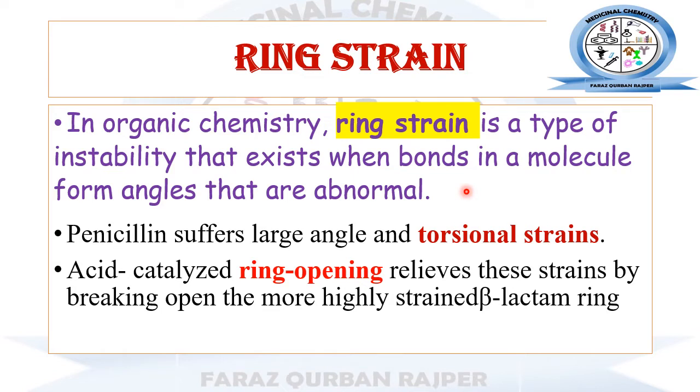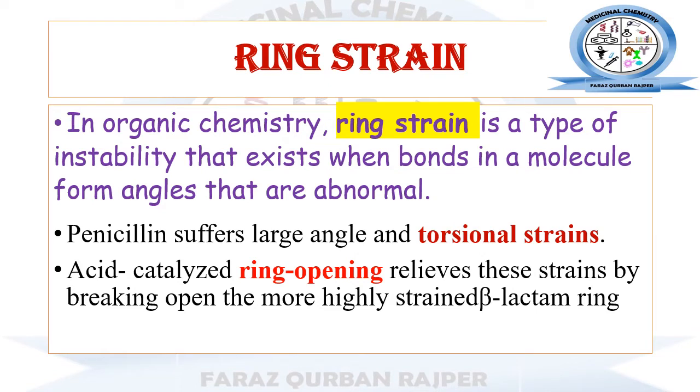and this is happening in the case of penicillin as well. Due to the presence of large angle torsional strain, or basically the ring strain, meaning the instability in the molecule due to the presence of the abnormal ring, the ring opening of penicillin is going to occur.